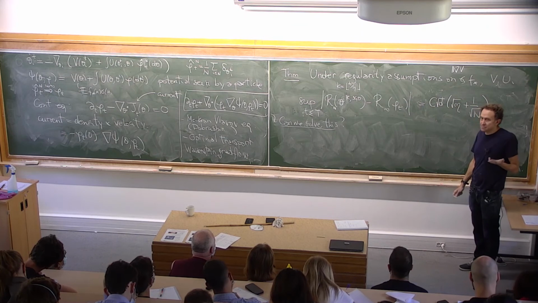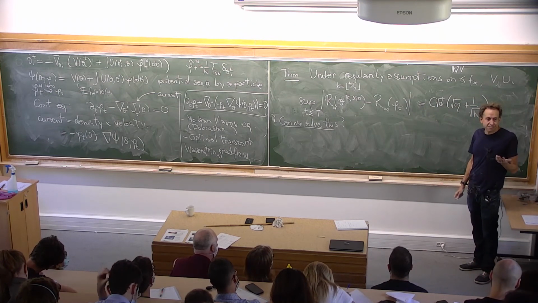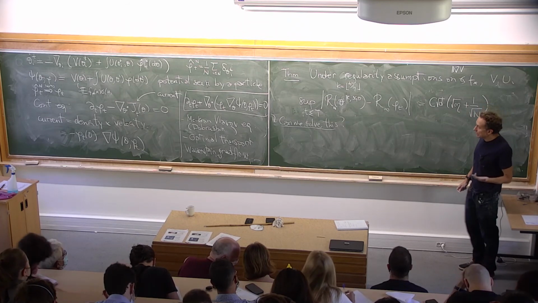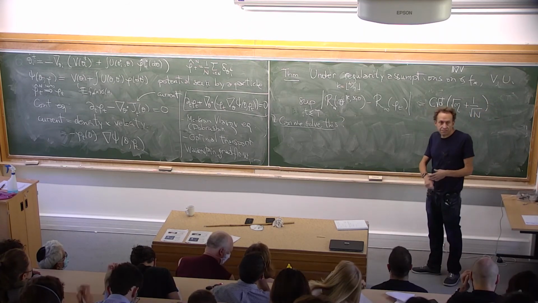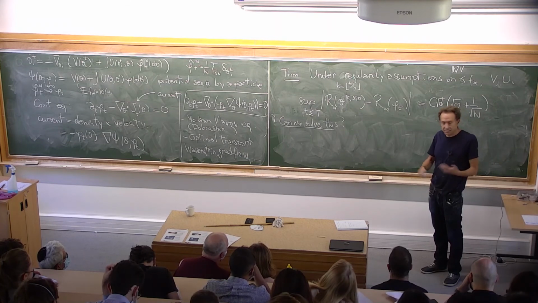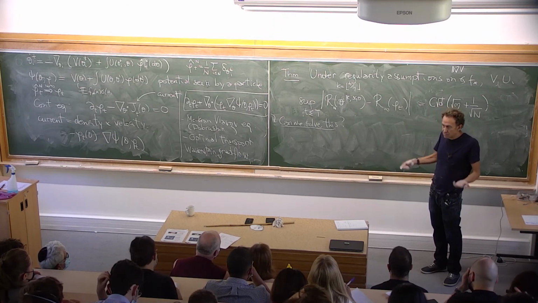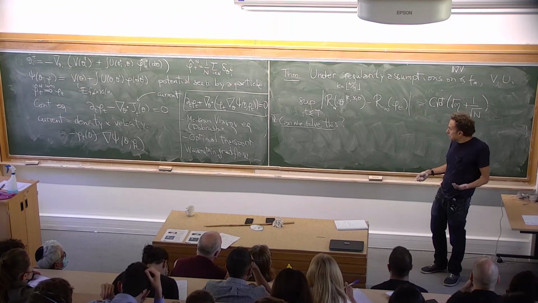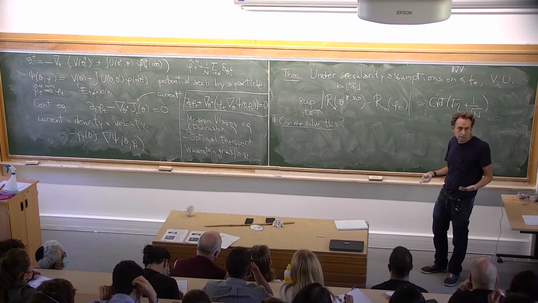The truth is that in general solving this PDE is very difficult, right? If you give me a general V and U, then I have to integrate it. If the dimension is large, I have to discretize the dimension. This can be extremely hard, but this can be done numerically.